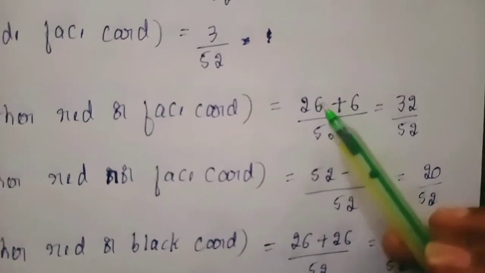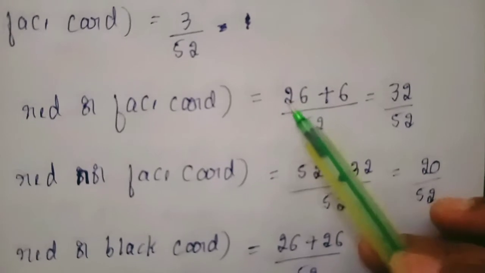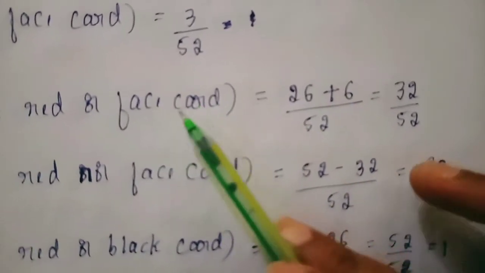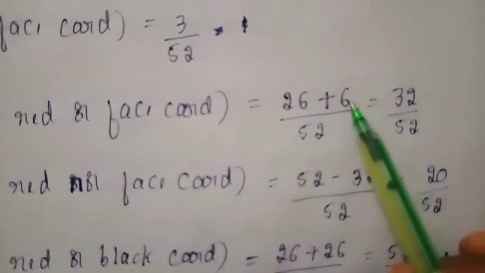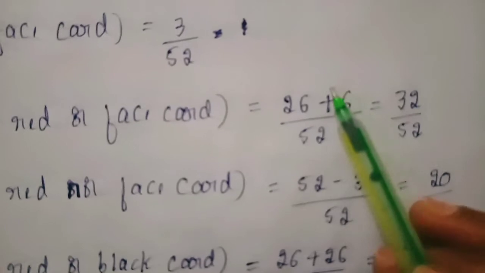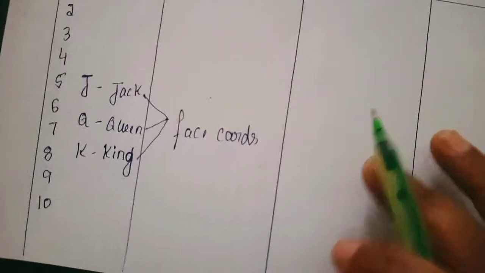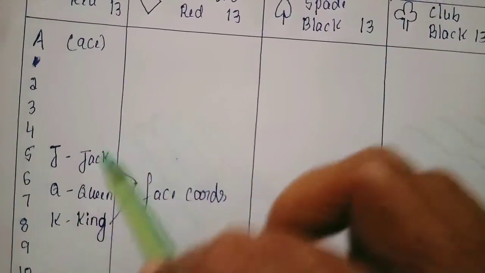Concentrate. Red cards are diamond is also red, heart is also red, 13 plus 13, 26. OR face card. Face cards are how many? 12. But here I have taken 6. Why? Already 6 face cards are here. Because I have added already in this 13 plus 13, 6 face cards already included.